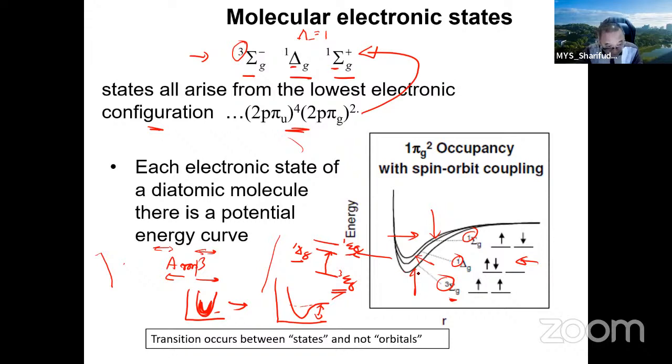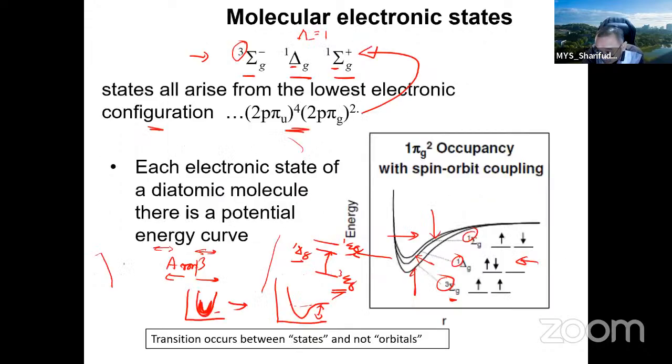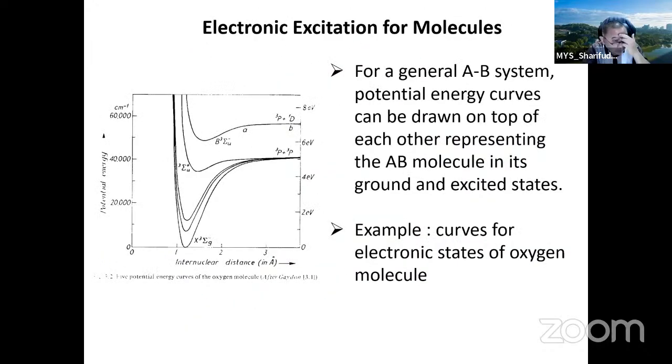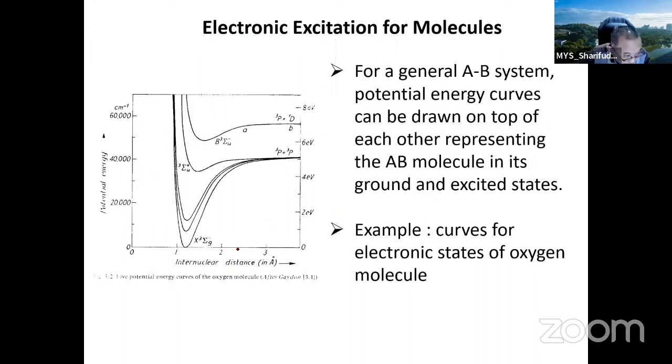Now if you look at the next one, these are the curves for electronic states of the oxygen molecule. So we can think of it this way. I'll just draw it. We'll just draw the states like this.